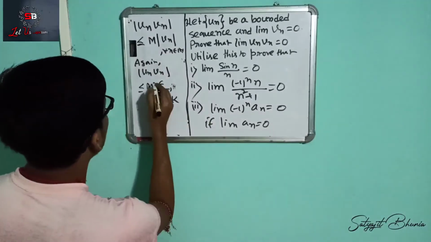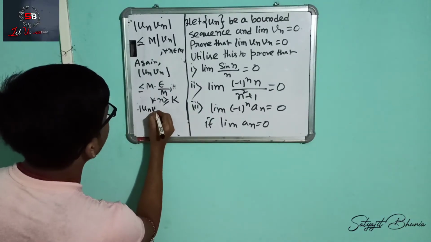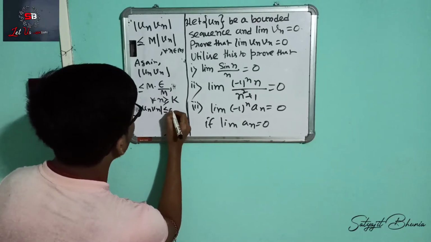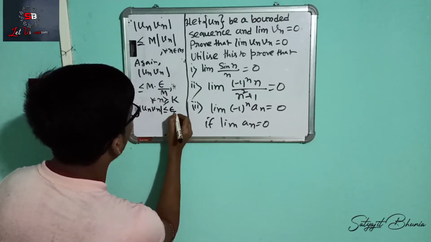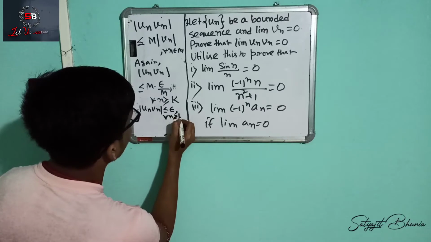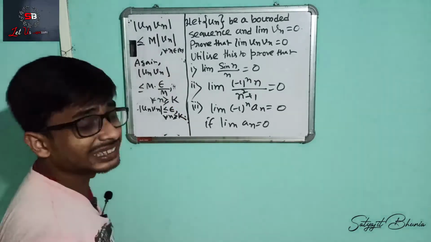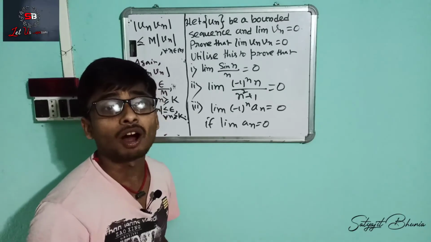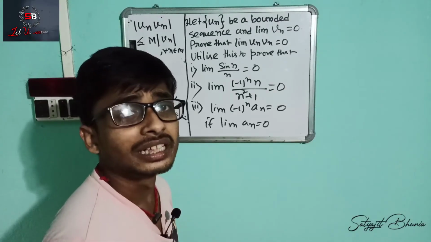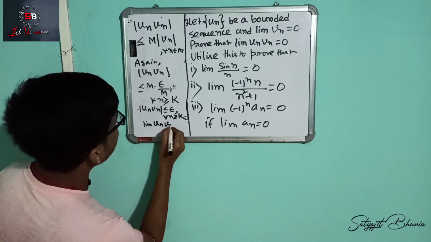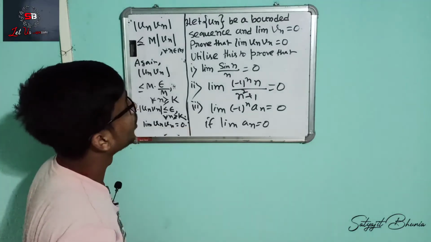Okay, so we can write mod of un vn is less than epsilon for all n greater than or equal to k. So from the definition of the limit of a sequence, limit un vn is equal to 0.